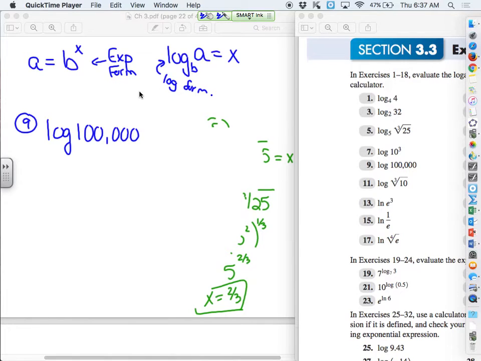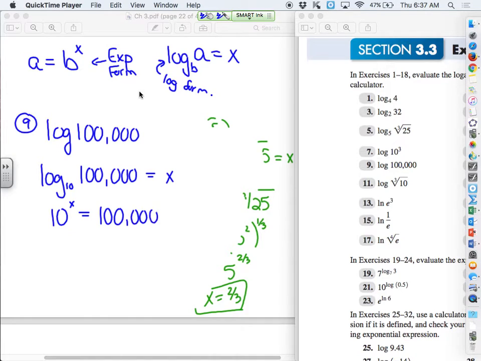Remember, that's a common log, so the base would be 10. 100,000 equals something. So you could rewrite this as 10 to the x equals 100,000. And then you have to write 100,000 as 10 to an exponent. So that's going to be what, to the 5th? X would be 5.